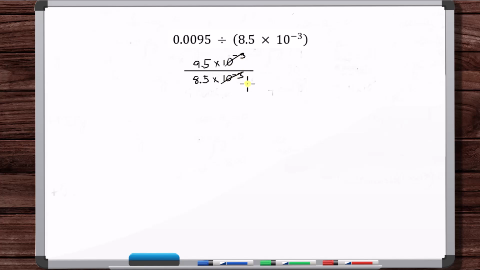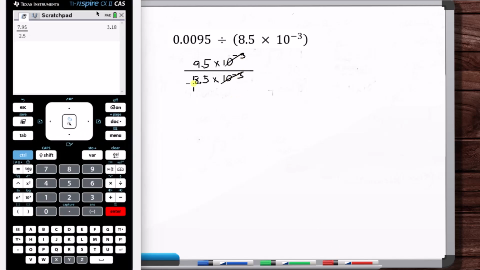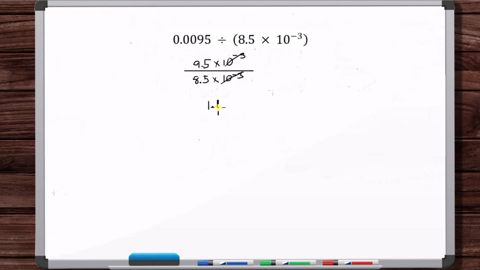So these cancel. 9.5 divided by 8.5. All right, and we keep the smallest number of significant figures between the terms that we're dividing or multiplying. So 1.17, that's rounded to 1.1. So 1.1, and I'm assuming they still want us to use scientific notation, so times 10 to the 0.